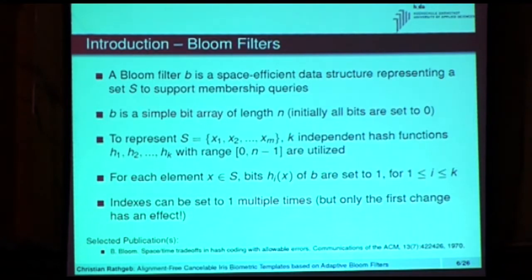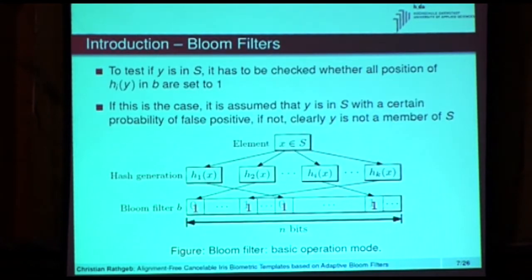This means bits can be set to 1 multiple times, while only the first change has an effect. So this is what it looks like. Here we have an element x, which is hashed k times, and bits at according positions are set to 1.